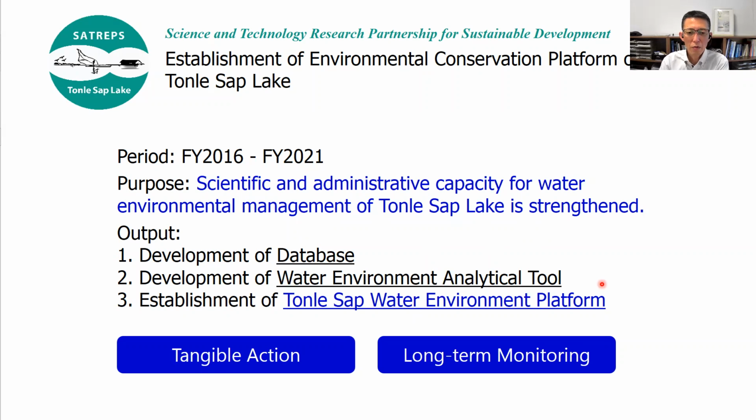Third is a platform to connect people, information and technology, and to activate the movement for basic research and the actual management of the environment.